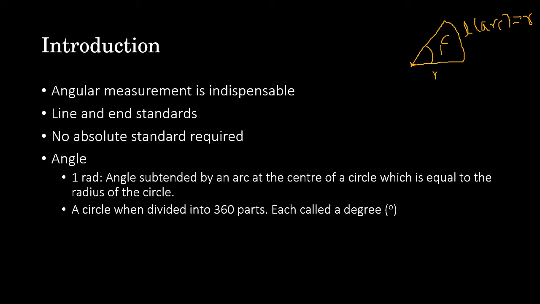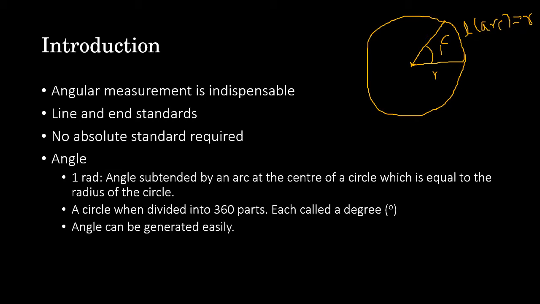Once a circle is created, if we draw a complete circle, we can divide the circle into 360 parts, and after dividing the circle into 360 parts, each part is known as a degree, and hence the angle can be generated easily. So there is no need of a standard, just like in the case of linear measurements where we had a physical standard.